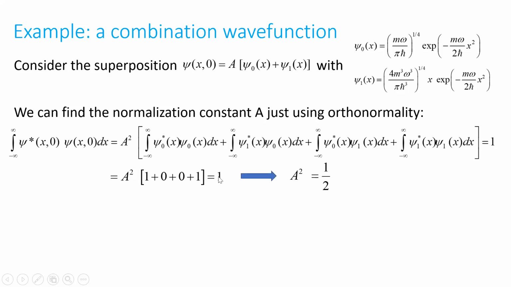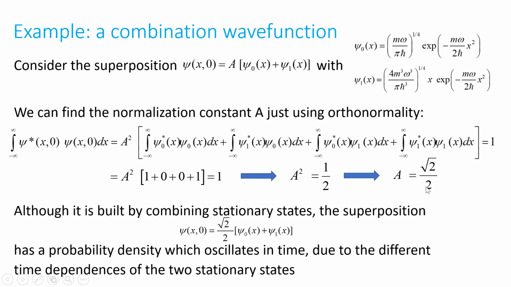Solving, a squared would be equal to 1/2, so a would be the square root of 2 over 2. Then this would be our final wave function at the initial time t equals 0: the square root of 2 over 2 times psi 0 plus psi 1.